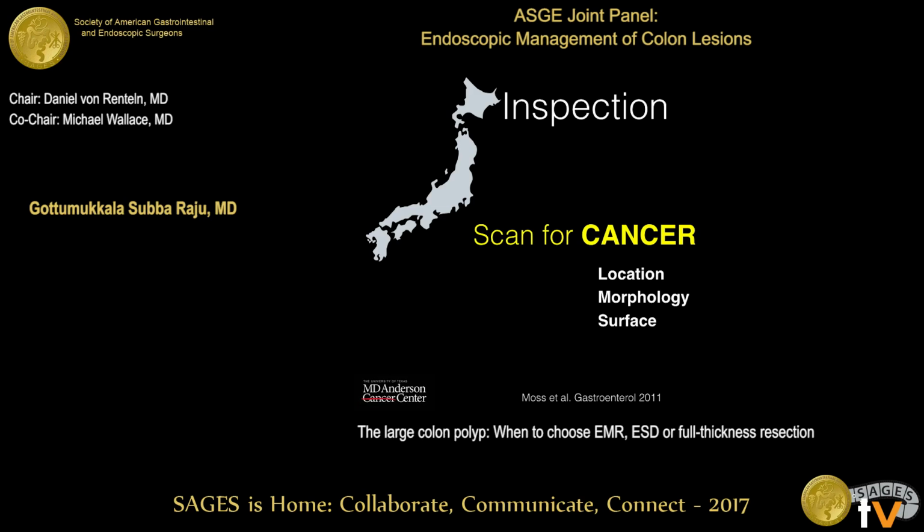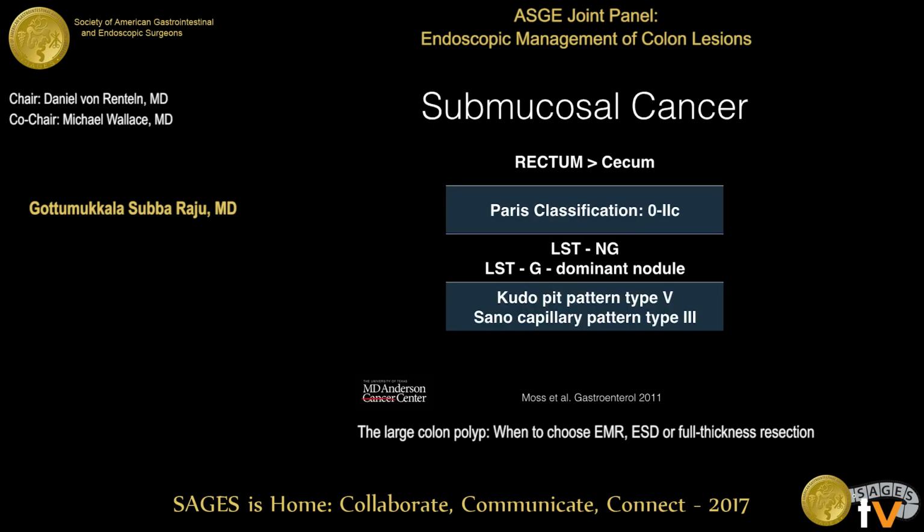In this study from Australia, they've shown that lesions in the rectum, lesions with a depressed 2C type of morphology, lesions that are non-granular, lesions that are granular with a large sessile component, and those with a particular type 5 Kudo pattern are likely to harbor submucosal cancer. And those are the ones you may want to avoid doing endoscopic resection.